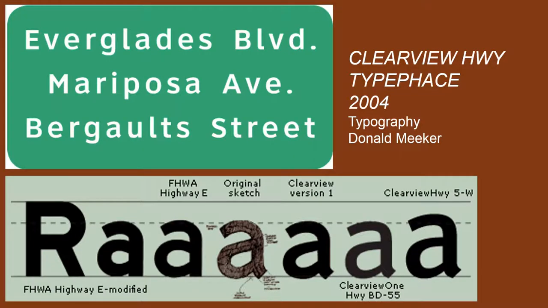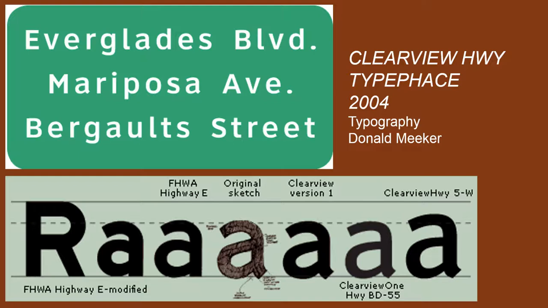A good example is this typography by Donald Meeker. It's called the Clearview Highway typeface, and he developed it in 2004 to replace whatever we had before. As you can see in the sketches at the bottom right, for the R and the A, he went from a smaller A to a bigger A with a bigger empty space.